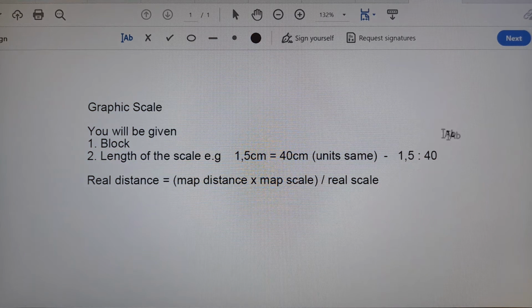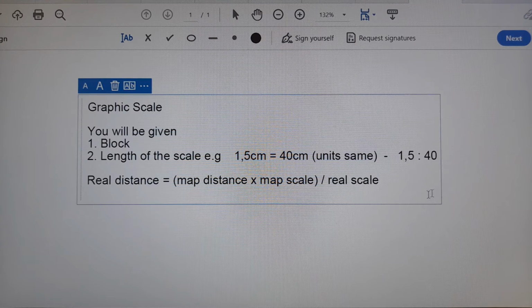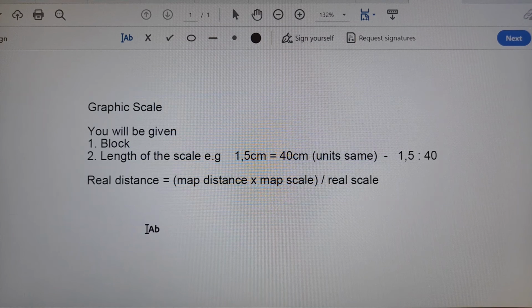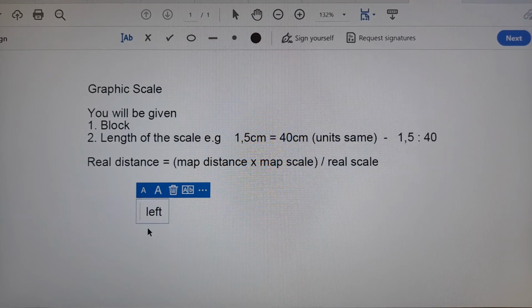So what I want you to know is that the left hand side is the real scale, and the right would be your map scale.